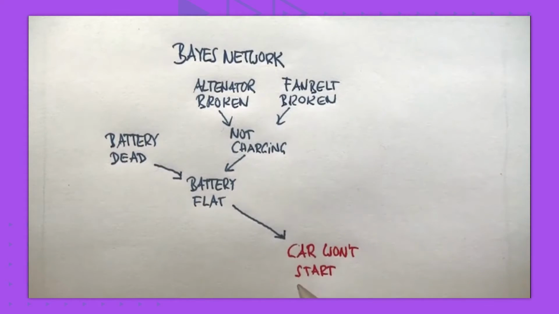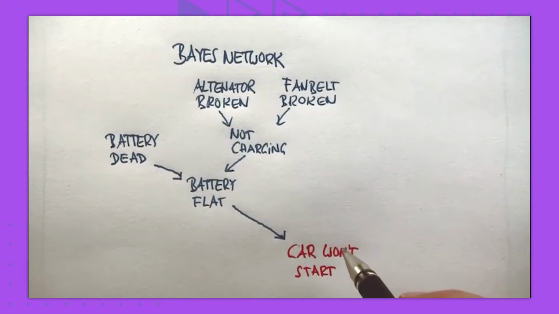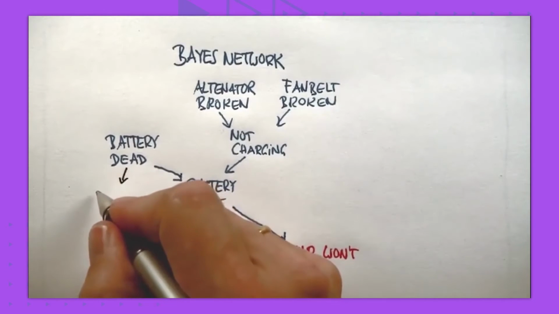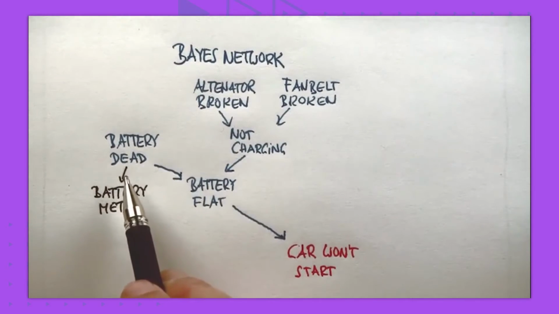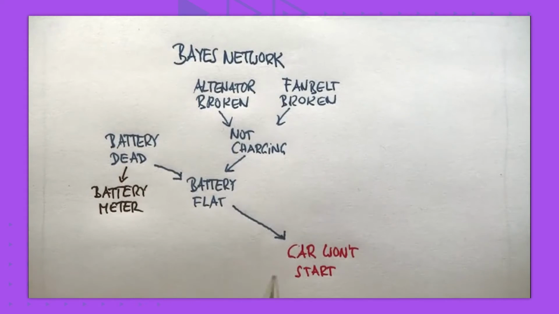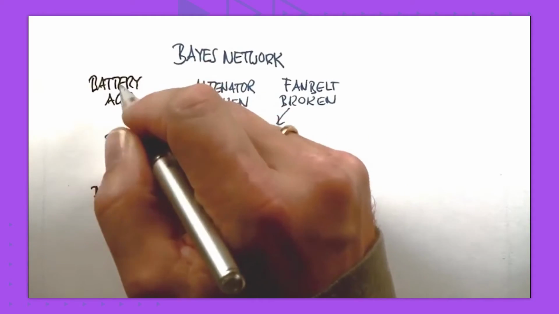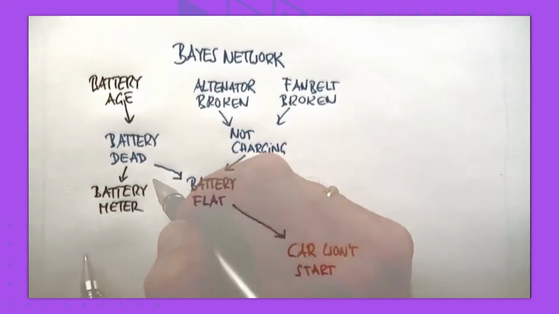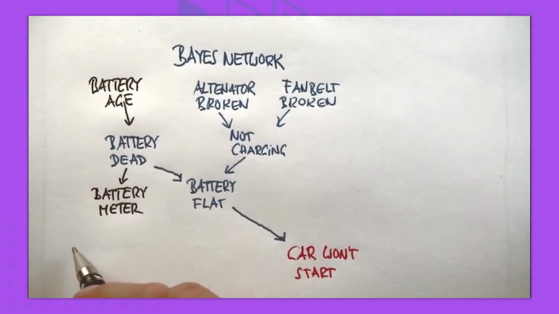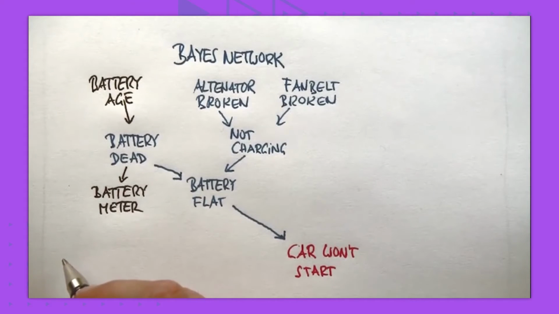And a natural question you might have is, can we diagnose the problem? One diagnostic tool is a battery meter, which may increase or decrease your belief that the battery may cause your car failure. You might also know your battery age. Older batteries tend to go dead more often. Then there's many other ways to look at reasons why the car might not start.